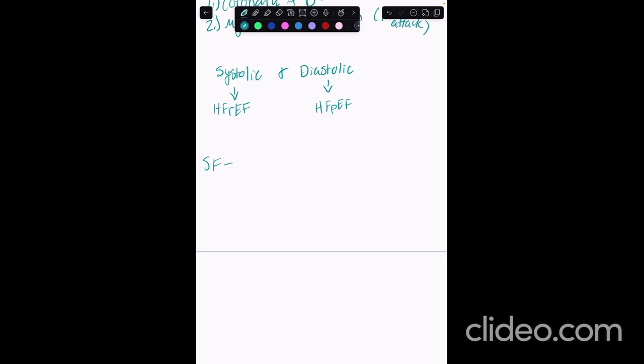So the ejection fraction is now reduced, which is where we get the term HFrEF from, because of this right here, which is the ejection fraction. So the heart is no longer able to get blood out to the body.